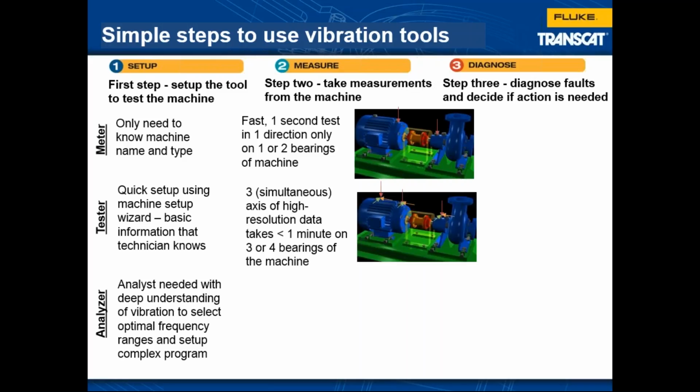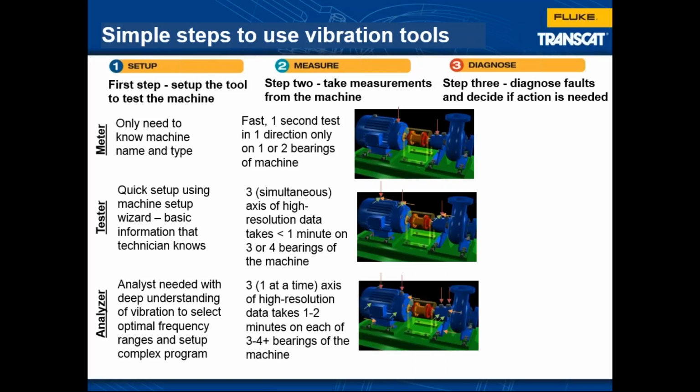The tester is going to diagnose the machine for us, but it's going to take a little bit more data. Typically, it's going to use a triaxial sensor, and we're going to take a measurement from each motor bearing and 1 or 2 pump bearings. It's going to take about a minute per bearing.